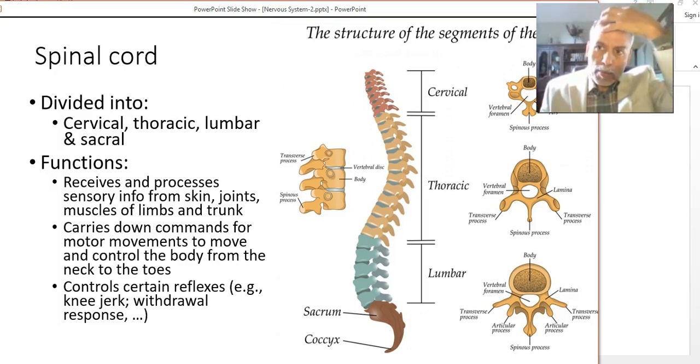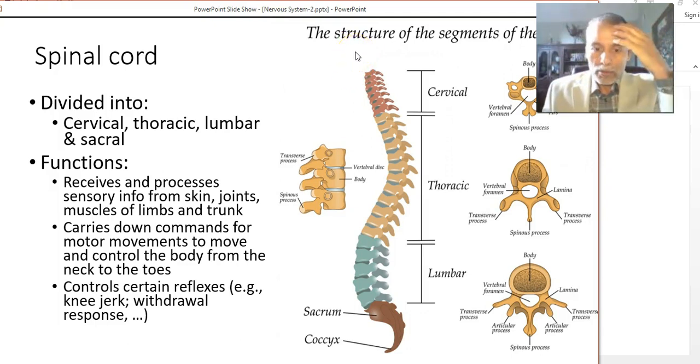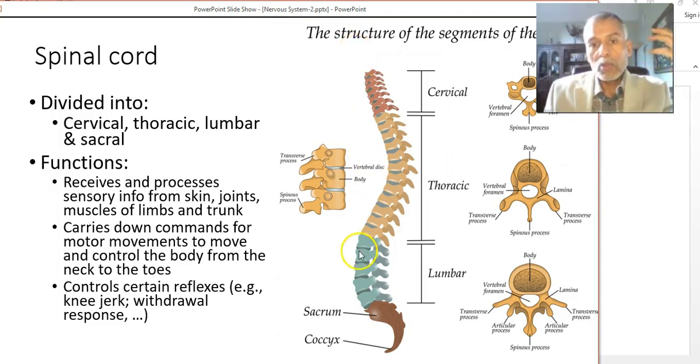It starts in the very top layer of the brain, and then you send a command and it goes down so that you can move your toes, or wave, whatever it is. That means the spinal cord is also a conduit, a pathway that sends motor commands from the cerebral cortex down to the rest of the body, so that movement is possible.